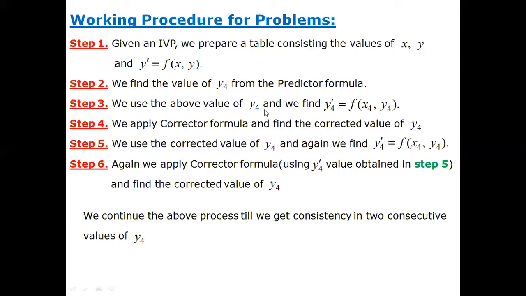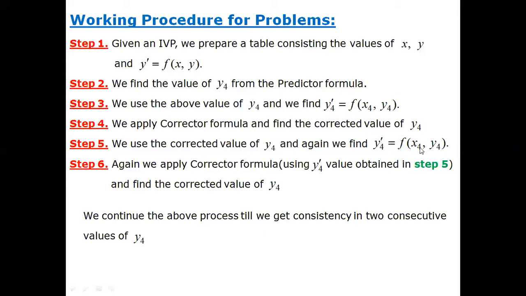So first find the predicted value, using that find y4 dash, and using that y4 dash find the corrected value. Step 5: we use the corrected value of y4 from step 4, and we find the value of y4 dash again using the same formula.